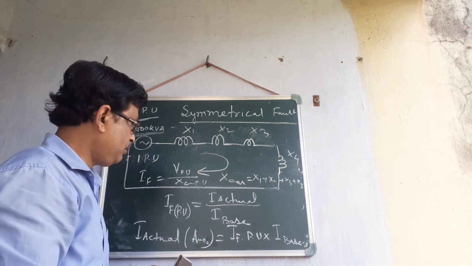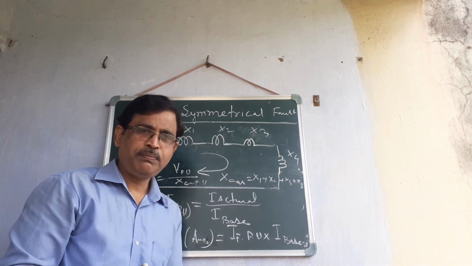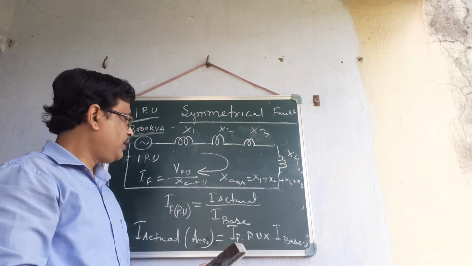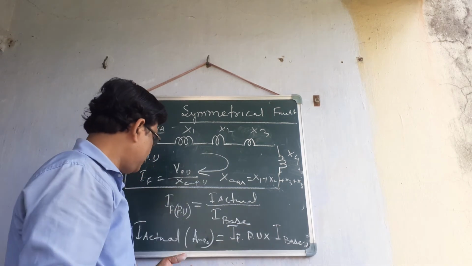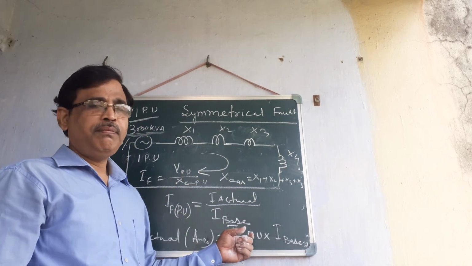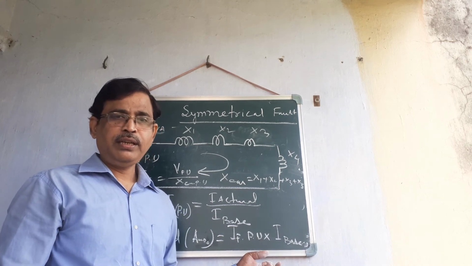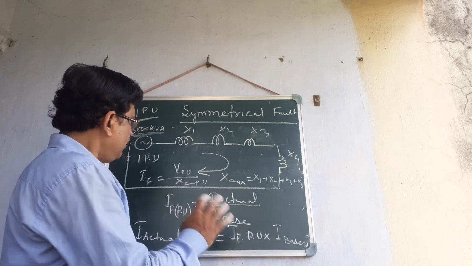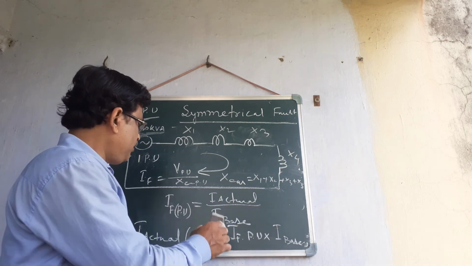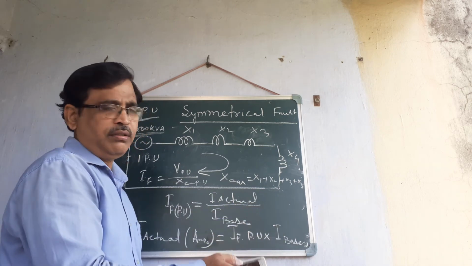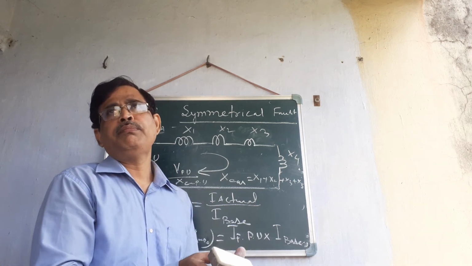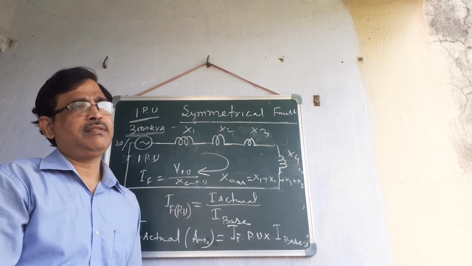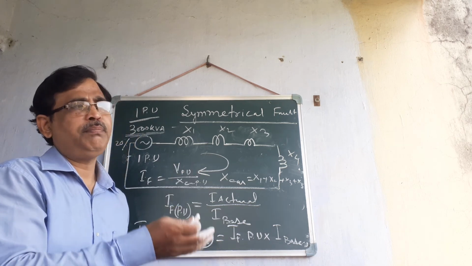Okay, so today up to this, and in the next class we will see further application of the per unit method. This per unit method will be further clarified about the various methods of finding Z, from the percentage reactance, actual value of reactance, and per unit reactance.